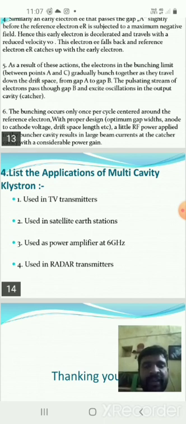These multi-cavity klystron amplifiers are used as power amplifiers at 6 GHz, and they are used in radar transmitters. So: TV transmissions, satellite earth stations, power amplifiers and radar transmitters. These are the applications of the multi-cavity klystron amplifier.